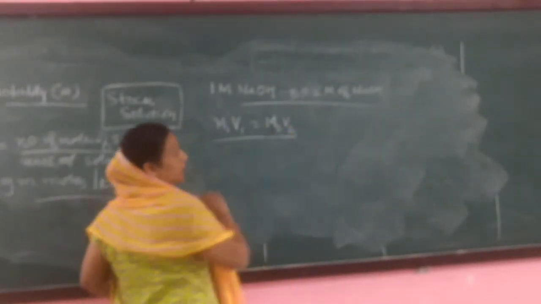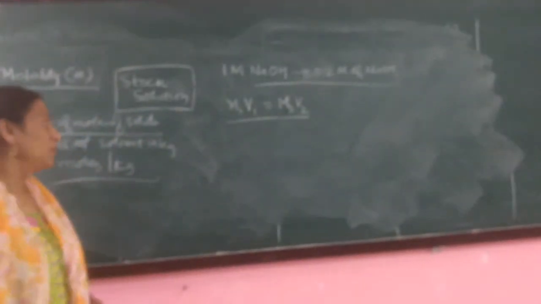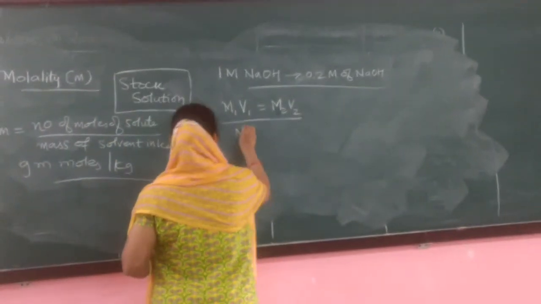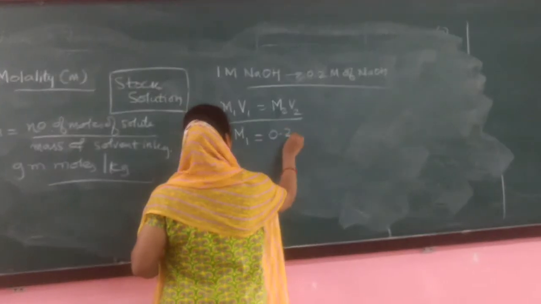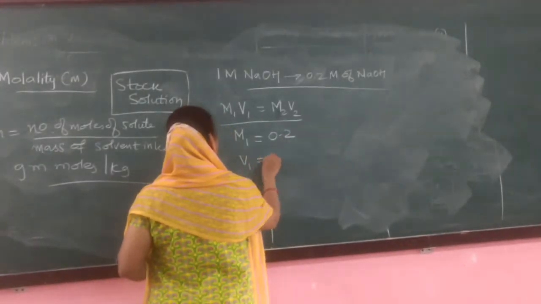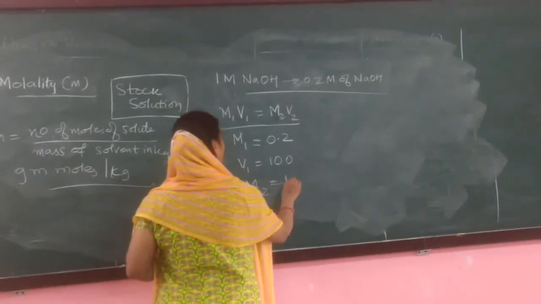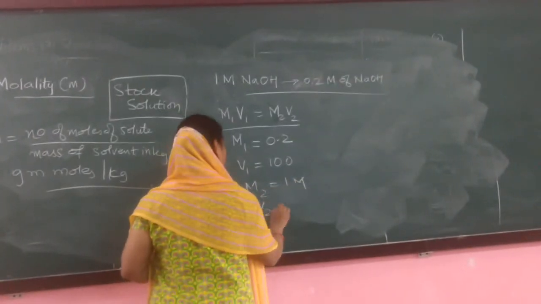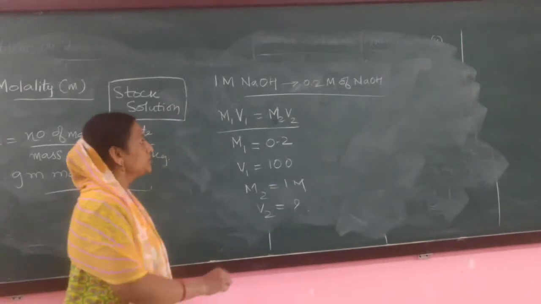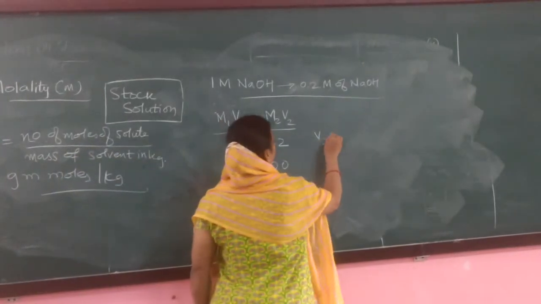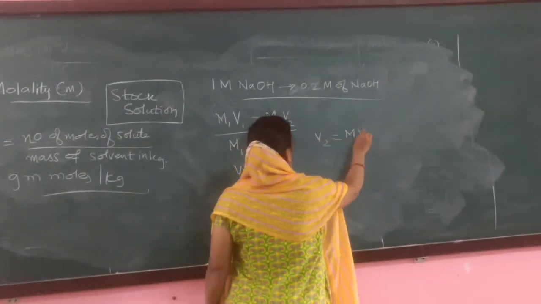Now in this particular problem, what will be M1? M1 will be 0.2, V1 will be 1000 ml. Similarly, M2 is 1 molar solution, and you need to find what V2 is equal to. So according to this equation, V2 is given by M1 V1 divided by M2.